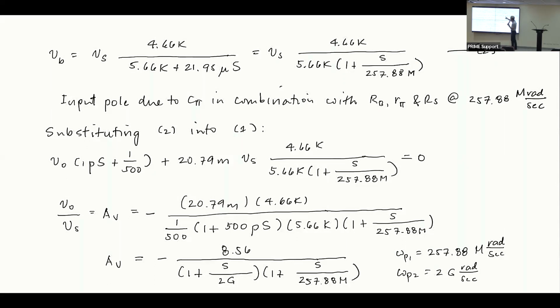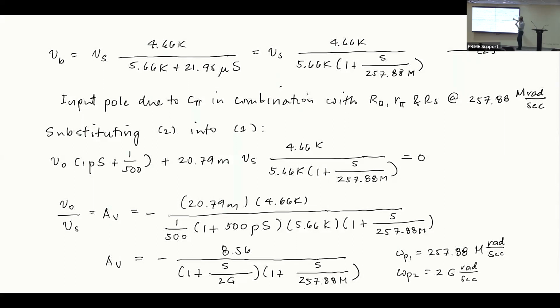RPi and RB are parallel to the capacitance. RS is in series with the capacitance. But this resistor in combination with this capacitor will result in a certain time constant. And your pole frequency is 1 over that time constant.